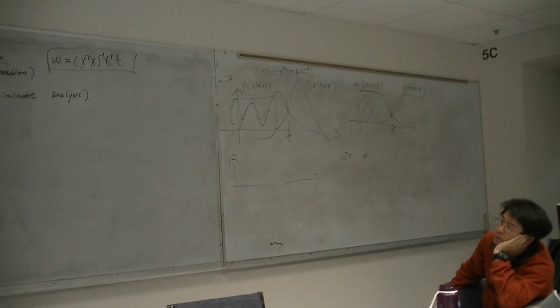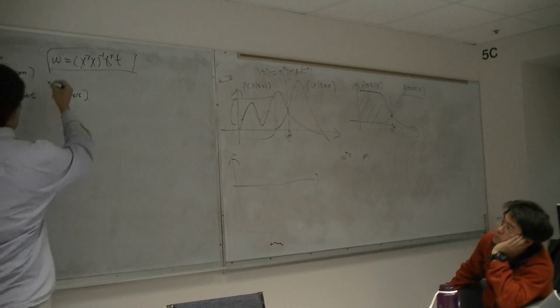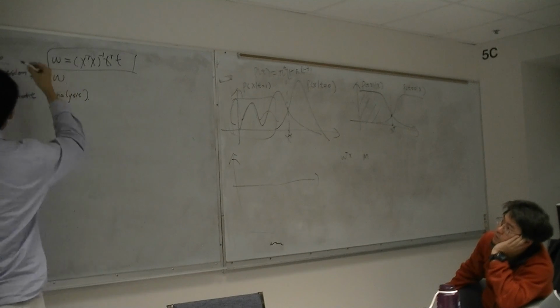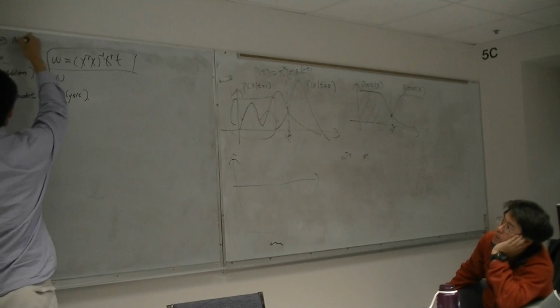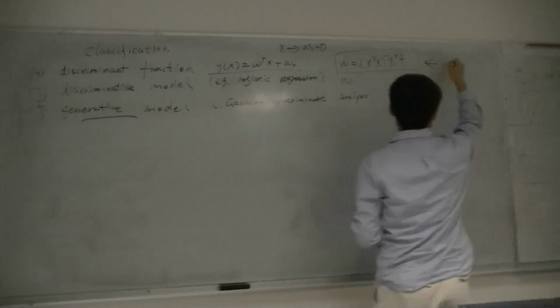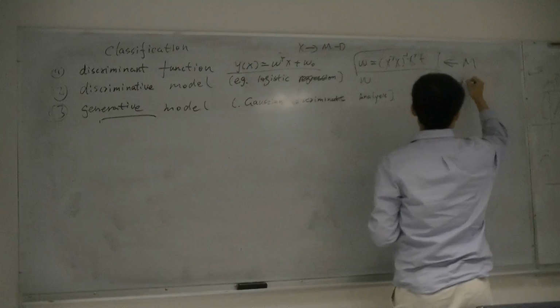Of course, we can solve this problem by maximum likelihood estimator and get the model parameters. Suppose x is m dimensional. So the number of parameters in the first case is m, and in the second case is m.